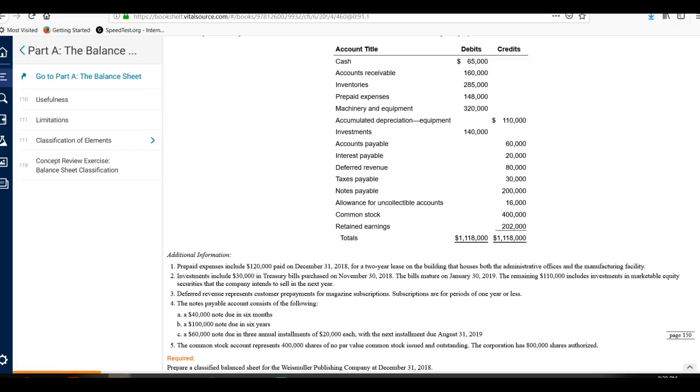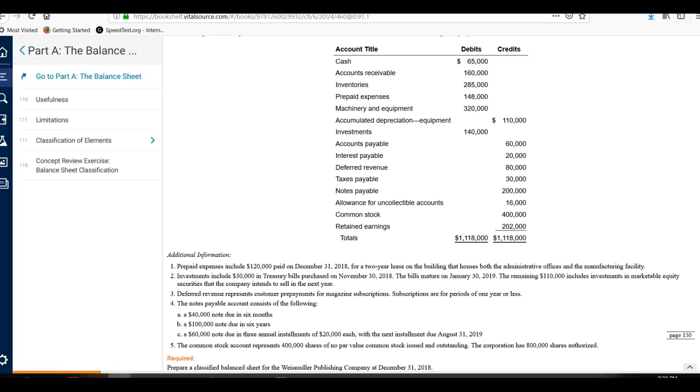Number 4, the notes payable account consists of the following: a $40,000 note due in 6 months, a $100,000 note due in 6 years, and a $60,000 note due in 3 annual installments of $20,000 each, with the next installment due August 31st, 2019.